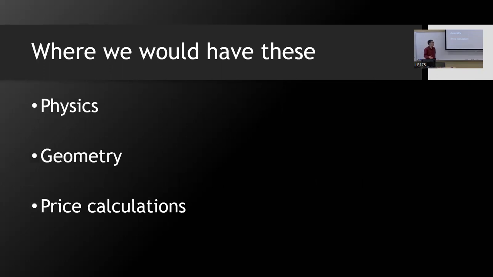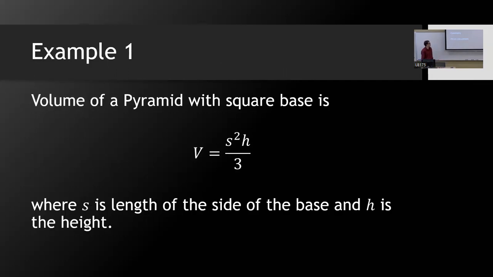Like I said, physics, this happens, geometry, this happens. And even a lot of the pricing calculations, like the tax models and the interest models that we were given. Now we kind of justified our interest models, but still a lot of the price calculations we were given.